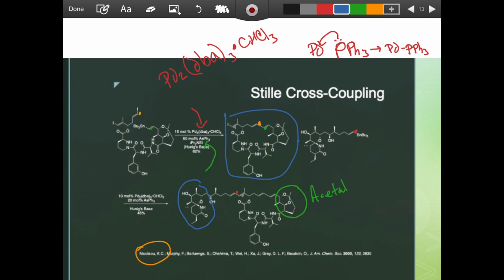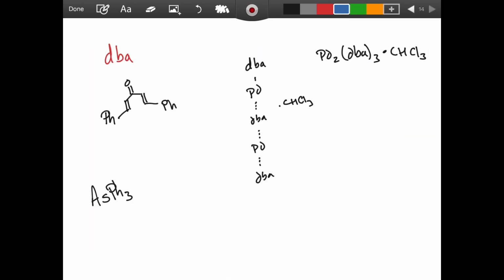This O-carbon-nitrogen is called an aminal, and aminals are kind of like acetals, except instead of an oxygen, one of the groups is a nitrogen, and those are not stable to acid as well. So there may have been enough sensitive functional groups that they had to throw in a little bit of base to help mitigate any acid they might be generating some other way during the reaction.